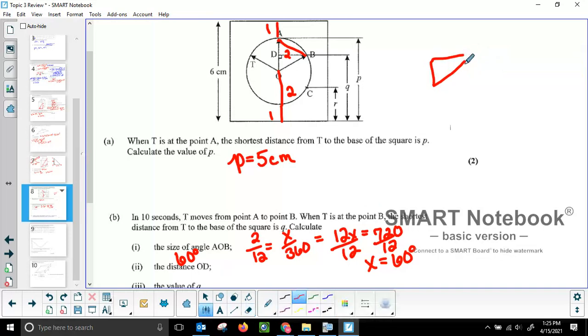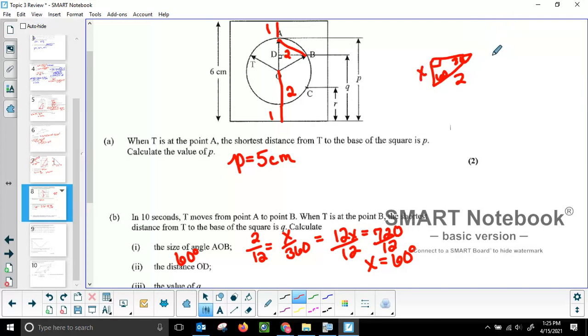All right, so here we know that this is a right angle. We know that this angle we just found is 60, which means this has to be 30. We know that this radius is 2, and I'm trying to find this distance here, OD.